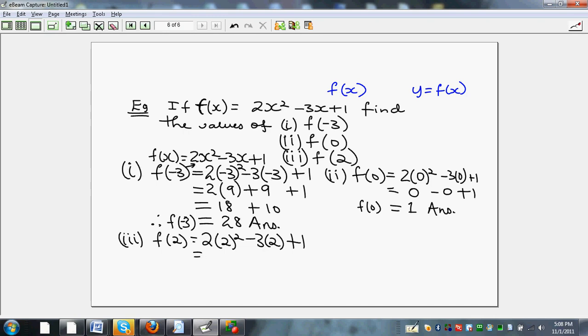So this will be 2 multiplied by 4 minus 6 plus 1, which is 8 minus 6 plus 1. Therefore, f of 2 works out to be 3. Okay? So we'll close with that for today.